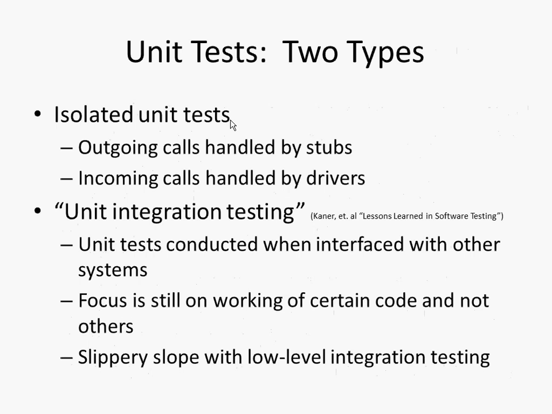Okay. So we're going to be talking about test levels in this sort of V that we talked about earlier. And I'm just going to breeze through this really quickly. We talked about isolated unit tests. We talked about this notion before. So you have a function foo, and it depends on calling a function bar within it.